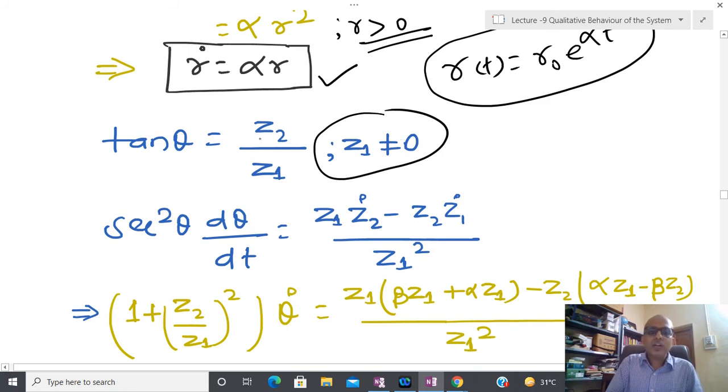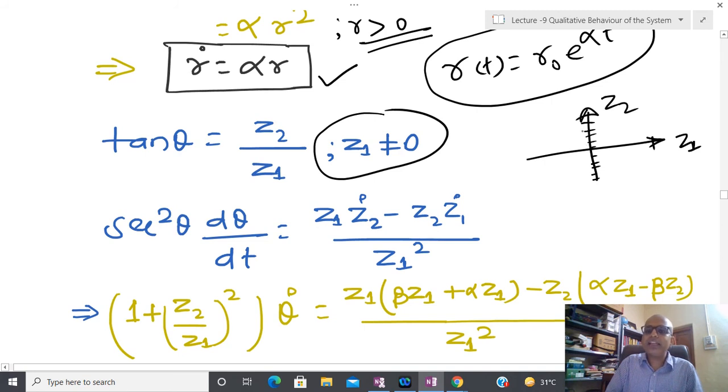Here please be careful. Whenever I am writing z1 equal to 0, then I am somehow excluding one axis also. What is that axis? If z1 equal to 0 and z2 not equal to 0, that is not just a point, that is a whole axis, because on this whole axis z1 equal to 0.